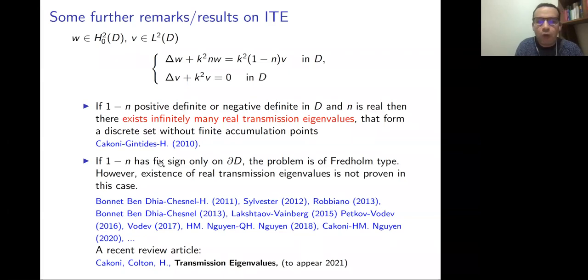And this is one of the open questions for this problem. Also, existence of complex transmission eigenvalues is not known. And we just finished writing, with Fioralba and David, a review of very recent results about this problem. It was just submitted.